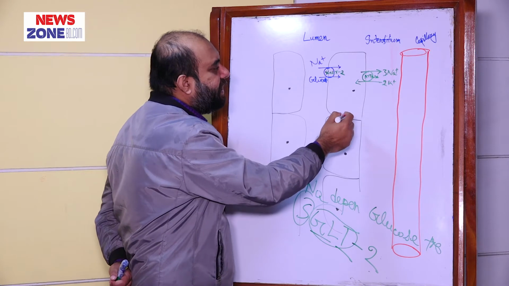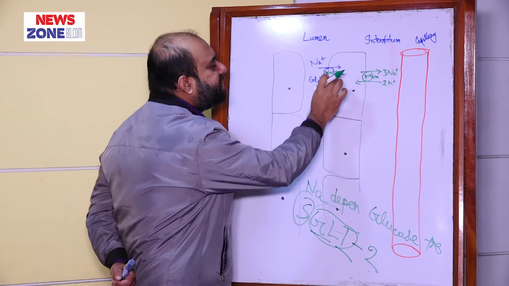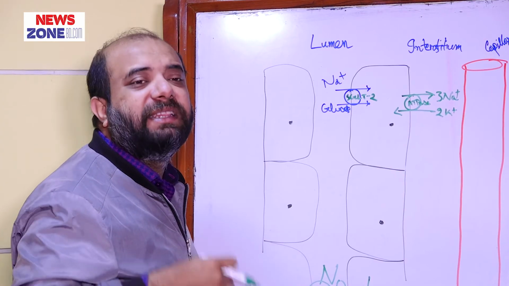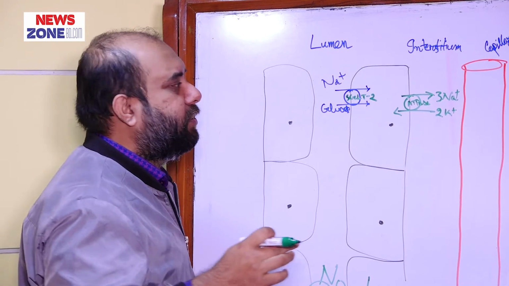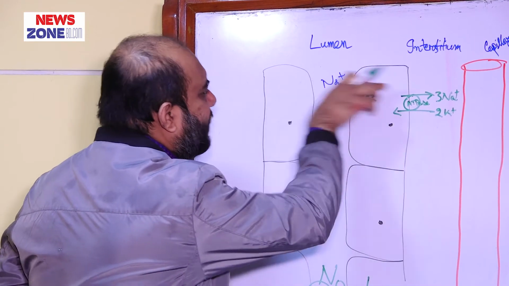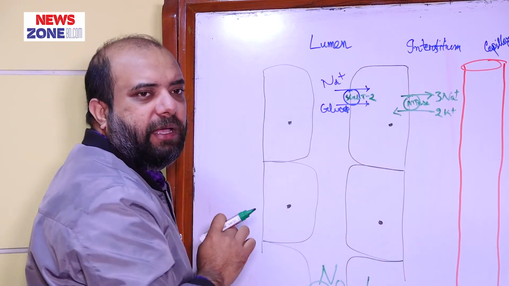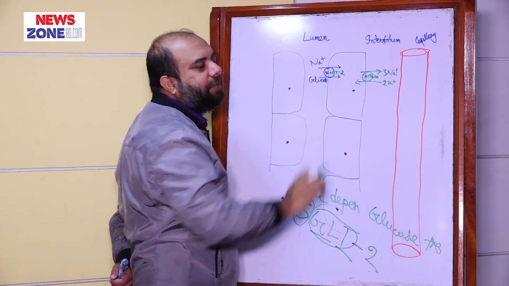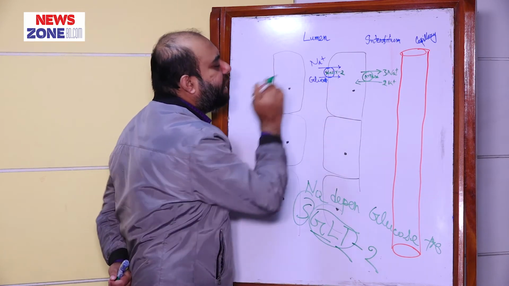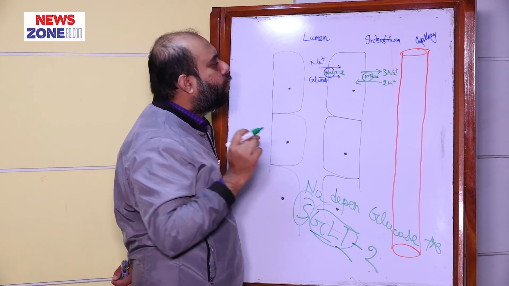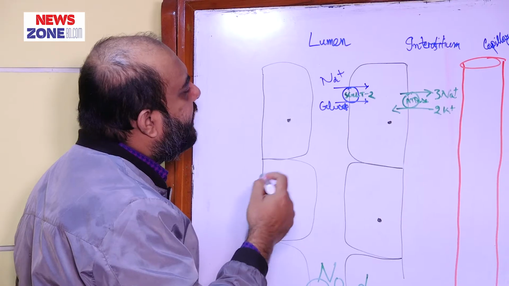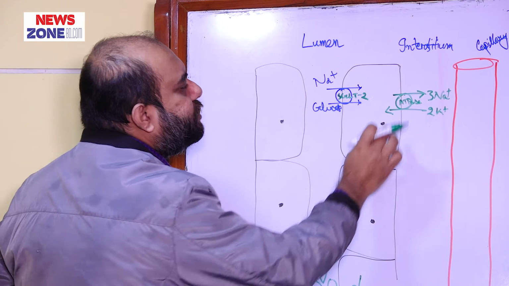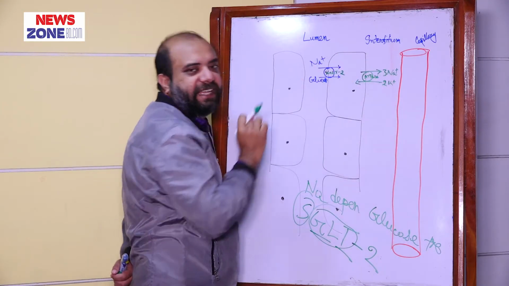This energy will establish a concentration gradient in the renal tubular epithelial cell, and this concentration gradient of sodium ion will drive the sodium from the lumen into the renal tubular epithelial cells, and along with the sodium ion, glucose will be dragged from the lumen into the cells. So we can say the energy is used here indirectly, which is produced on the basolateral surface directly by the action of the ATPase enzyme.